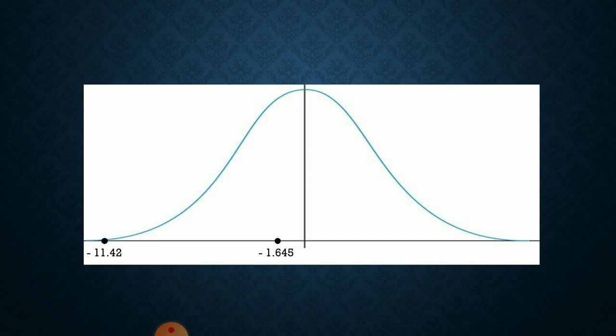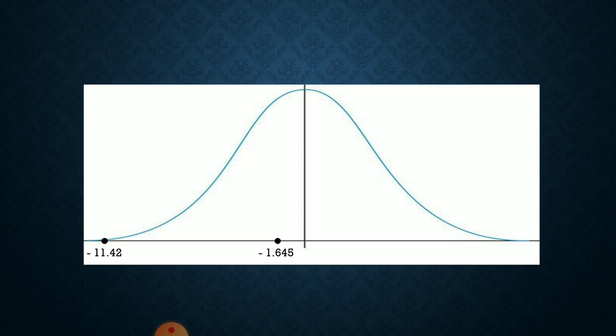So we have here the graph. On the graph, we have the z tabular value of negative 1.645. That is located on the left part of the graph because it is a negative.